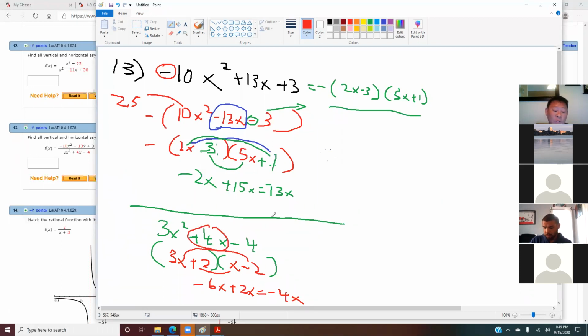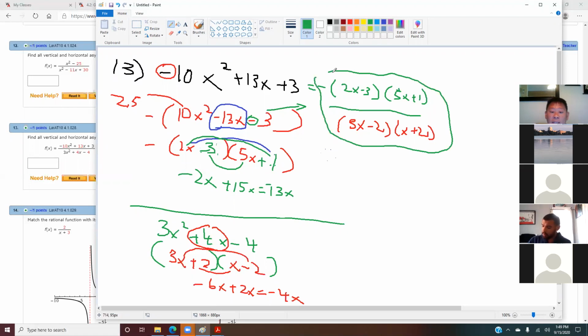So Mike, you have to switch your sign. So this becomes 3x minus 2 and x plus 2. Unfortunately, nothing is in common, so you cannot cancel anything here. So this will be what we use to find your asymptotes.